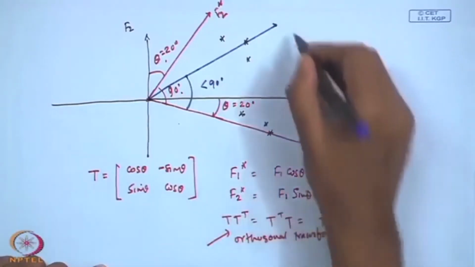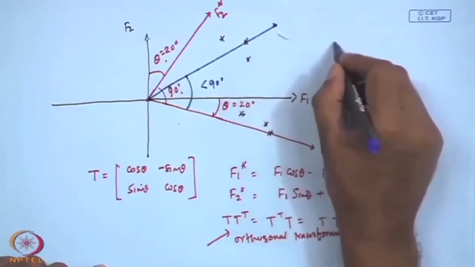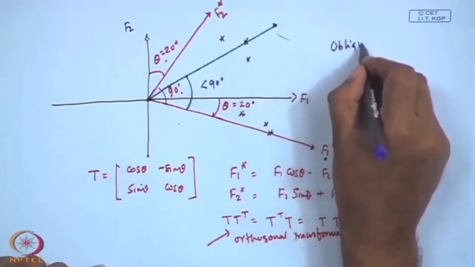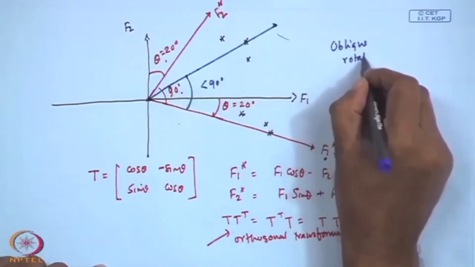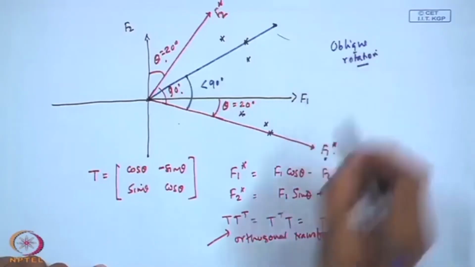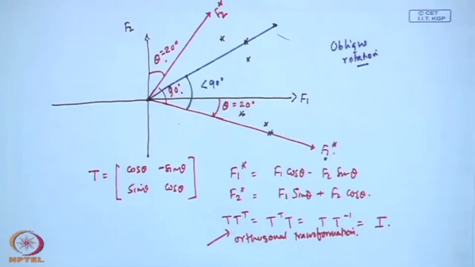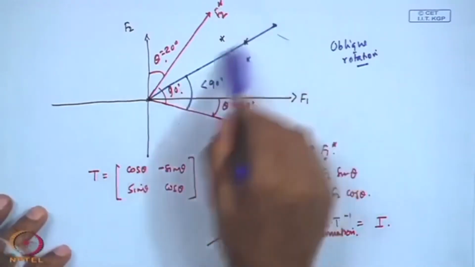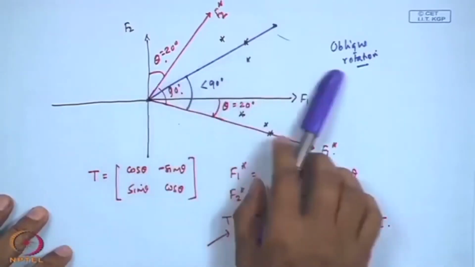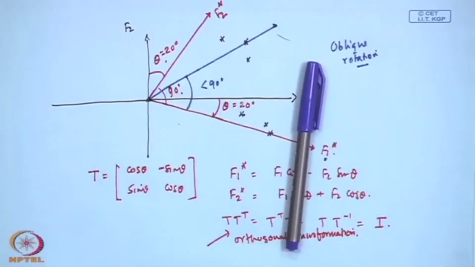Then this will be known as oblique rotation. I mean, there will be correlation between the two. Getting me?